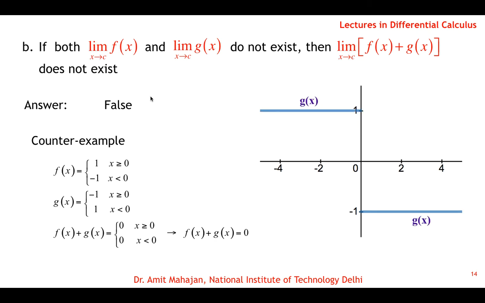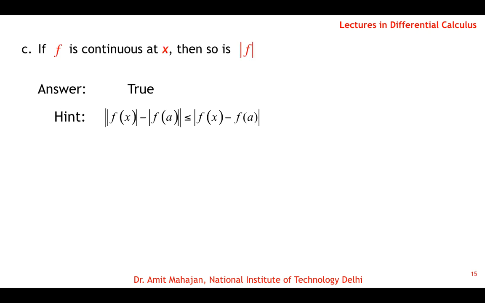The third statement was that if a function is continuous at x, then so is the modulus of the function. This statement is true. The idea is that we have to show that the modulus function is continuous at x.